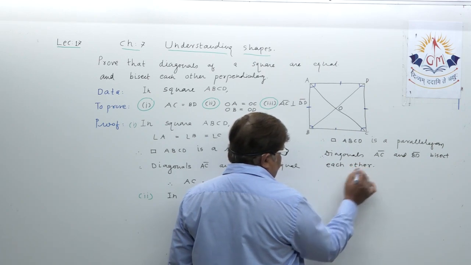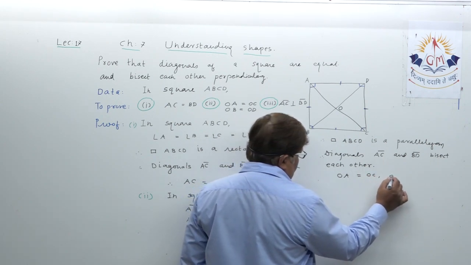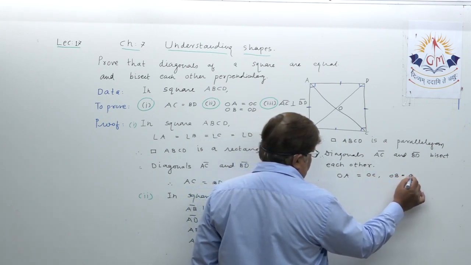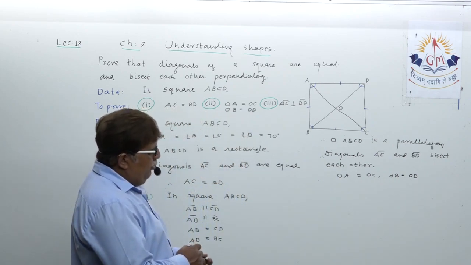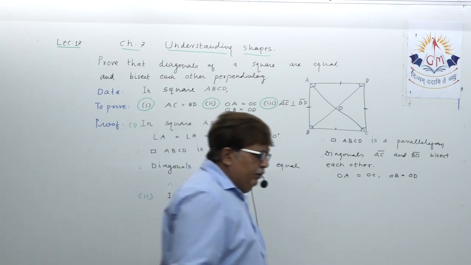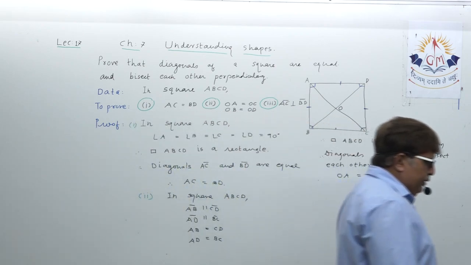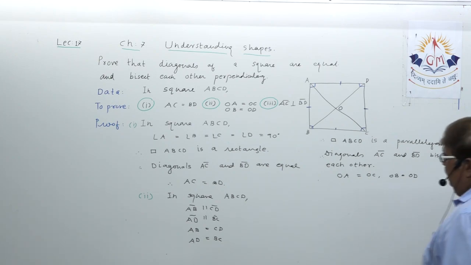Bisect each other, that means OA equal to OC, OB equal to OD. The second fact has already been proved. Before I move to the third fact, please have a look at this. Two facts we have already proved.